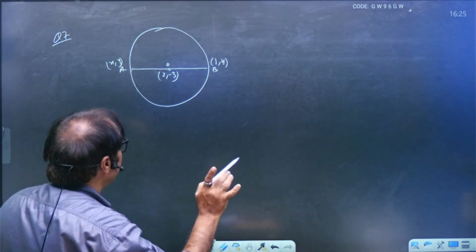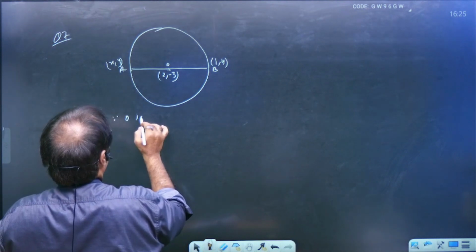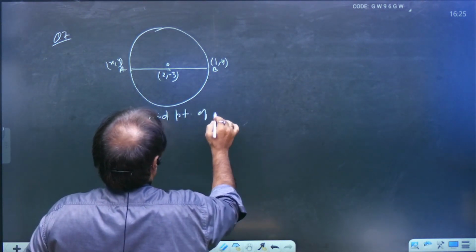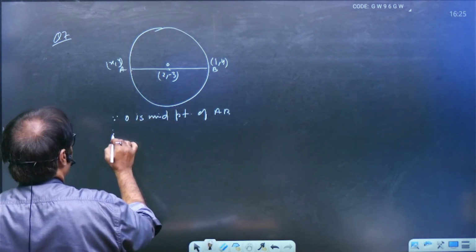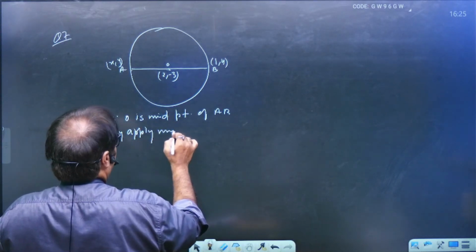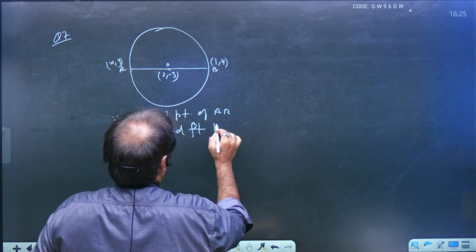It means O is the midpoint of AB. So since O is the midpoint of AB, by applying the midpoint formula, okay?